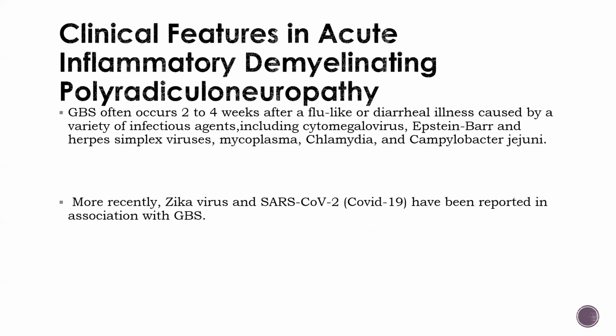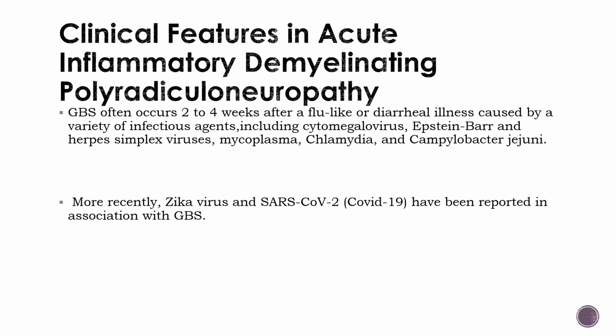Now we will see the clinical features in acute inflammatory demyelinating polyradiculoneuropathy. GBS often occurs 2 to 4 weeks after a flu-like or diarrheal illness caused by a variety of infectious agents, including cytomegalovirus, Epstein-Barr and herpes simplex virus, mycoplasma, chlamydia, and Campylobacter jejuni.